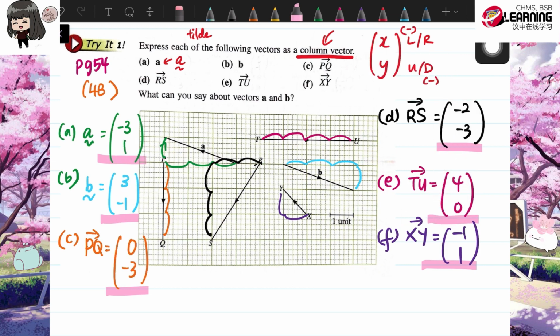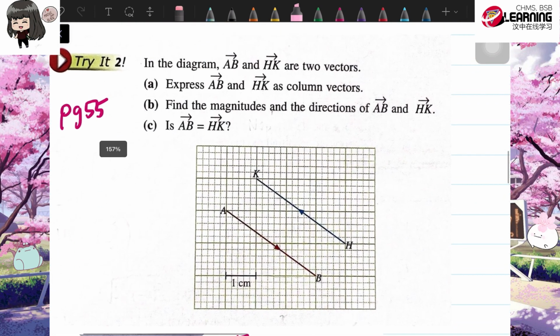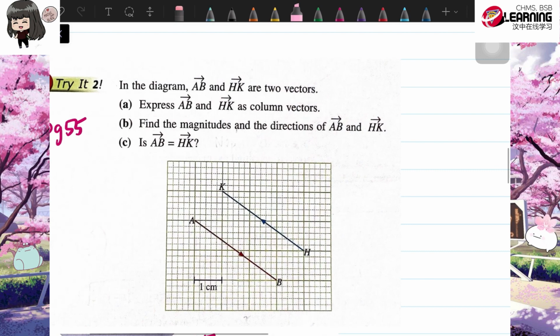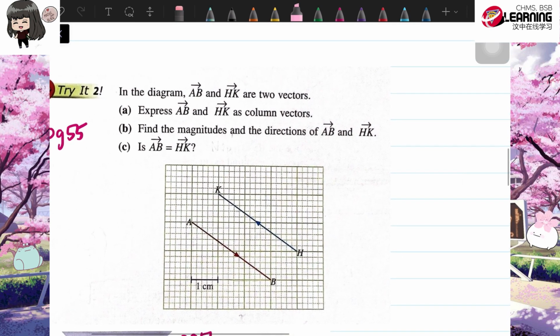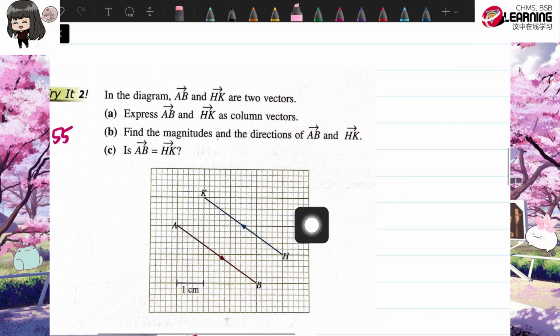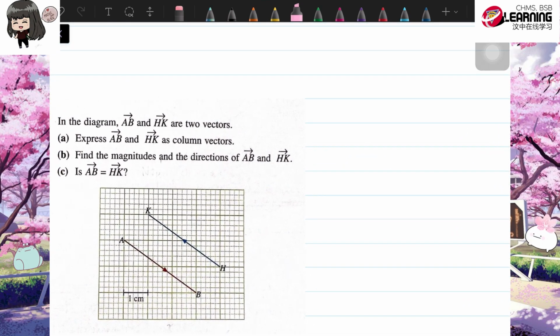Right? Okay, let's go to try it 2, page 55. In the diagram, AB and HK are 2 vectors. We can see that these 2 are vectors. So express AB and HK as column vectors.